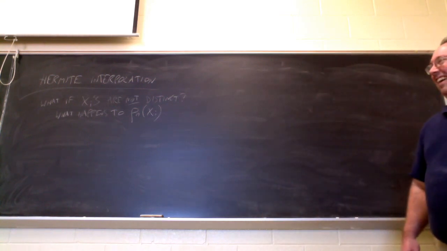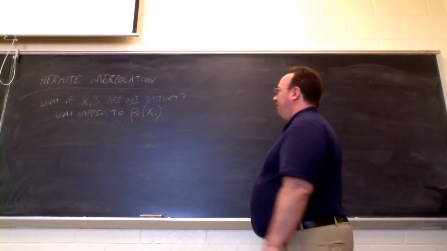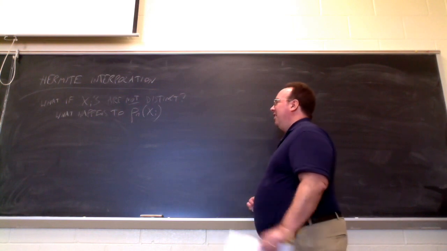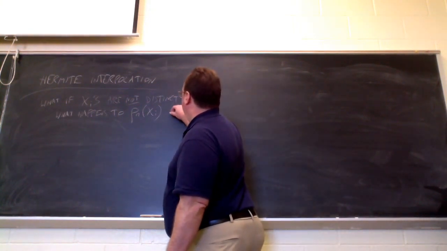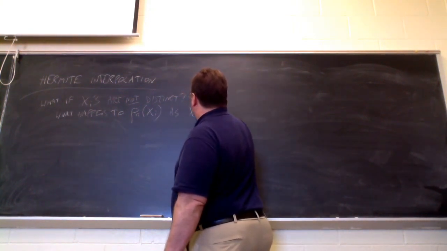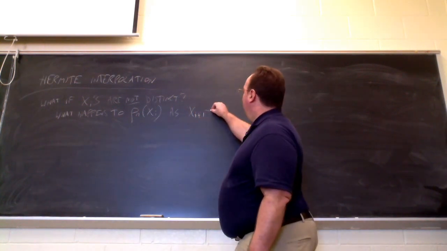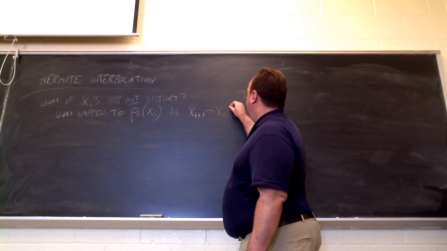Okay. All right. So what happens to the interpolating polynomial at a certain point xi? Fixed i here. As the next point, and we'll assume the points are in order, approaches xi.